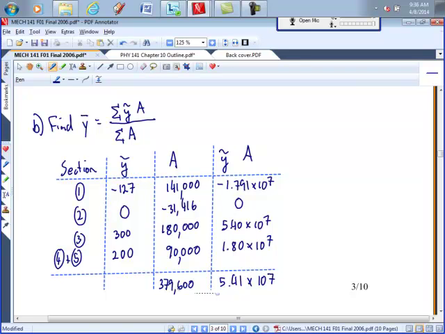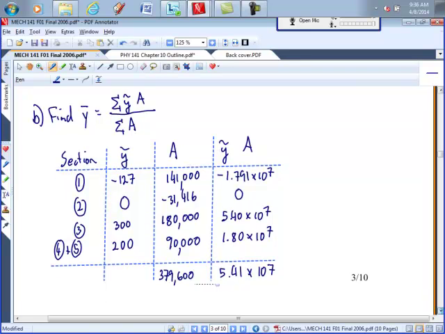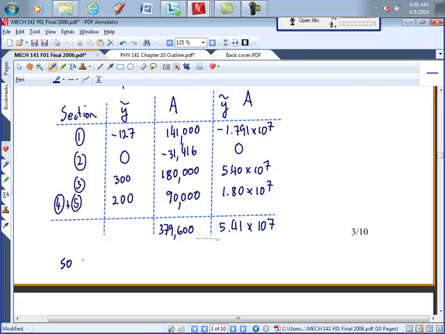All right, so that means our y bar equals 5.41 times 10 to the 7 over that, which is 143 millimeters.